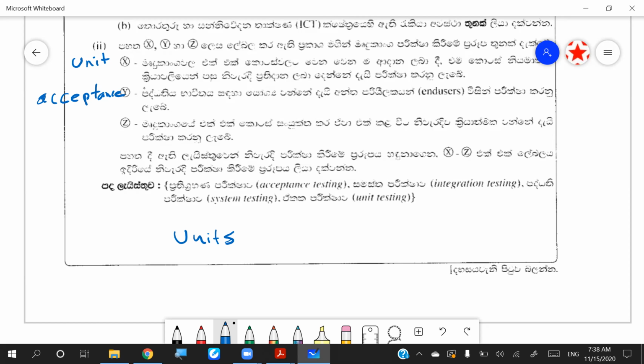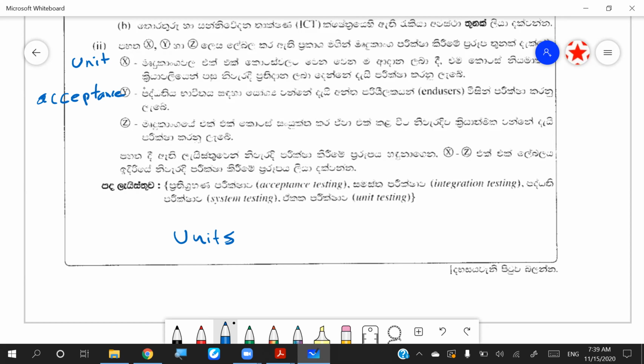The last one is talking about individual components of the system being combined and tested to see if they work together properly. So this is called integration. The programmers test their parts individually, and some components developed by the programmers are added together to see whether that particular module is working. It's like testing a bicycle.